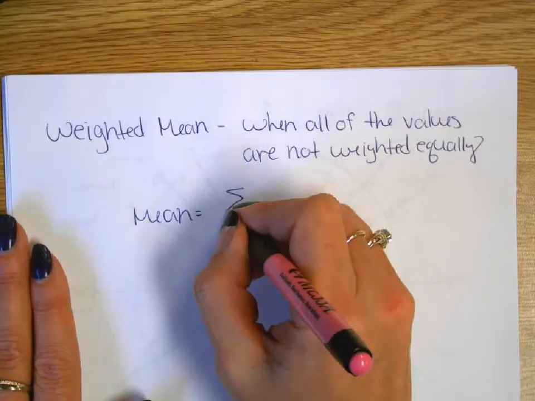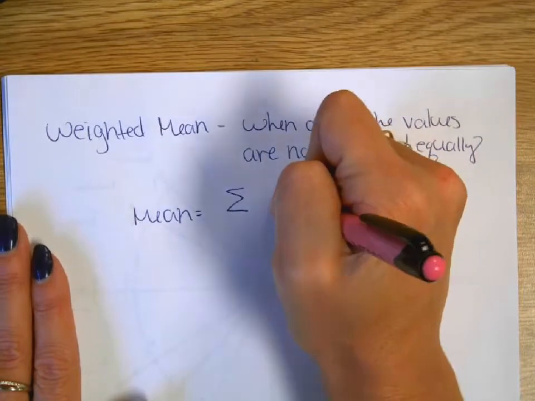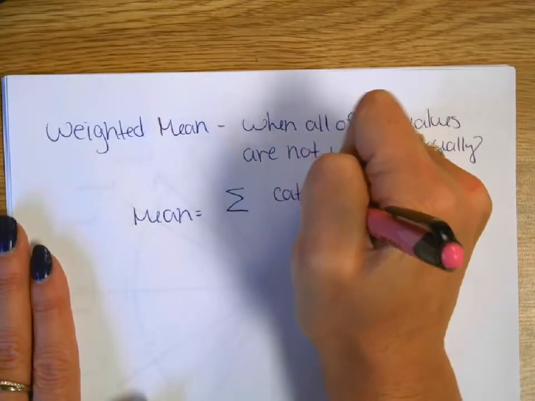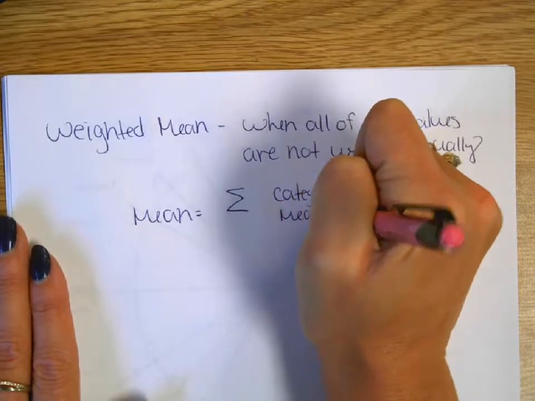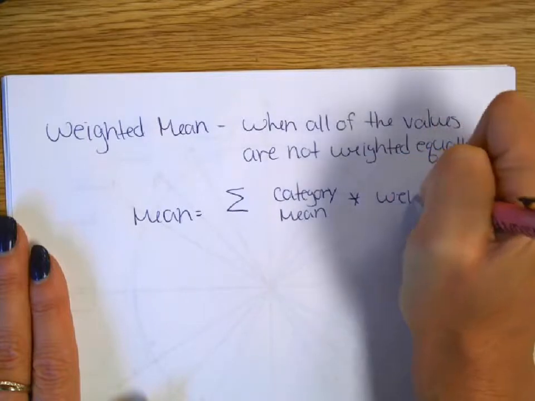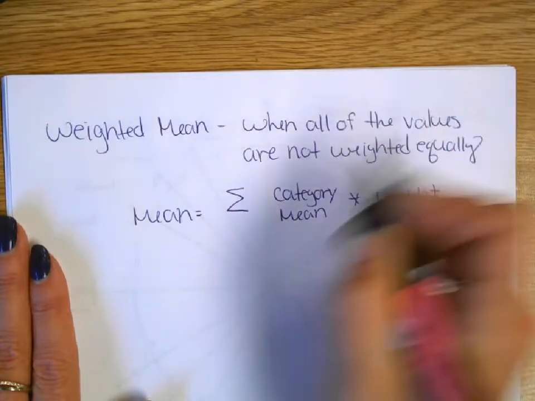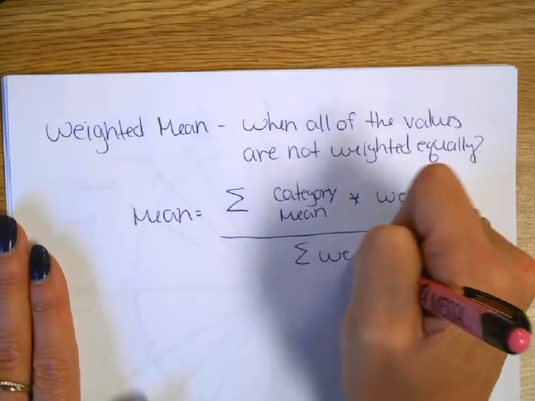You're going to sum up: you take each category average, multiply by its weight, and then divide by the sum of the weights.